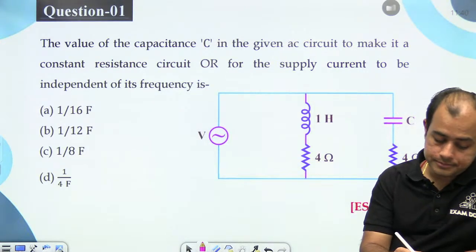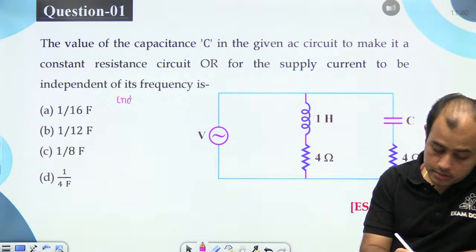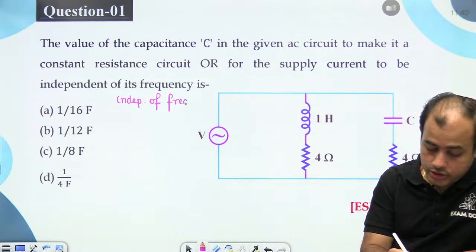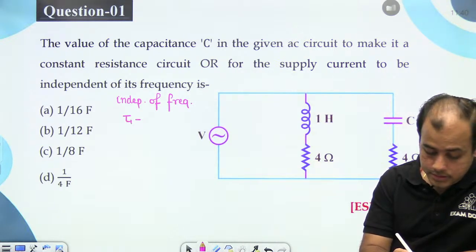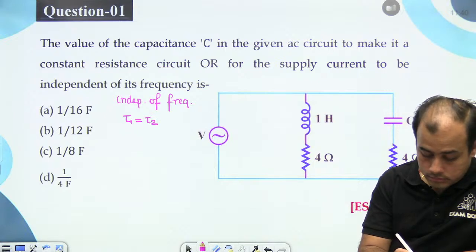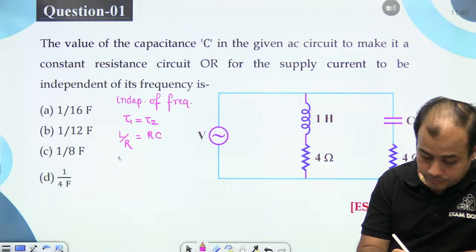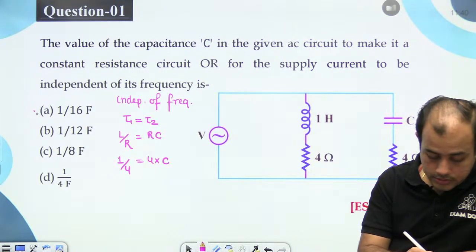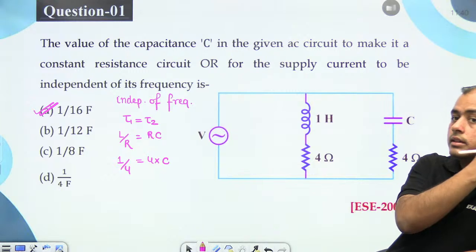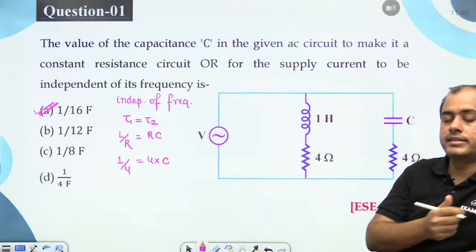Now remember, independent of frequency condition is... so C is 1 by 16.